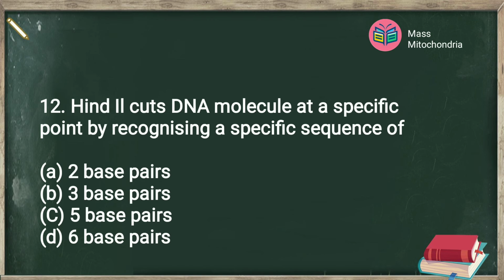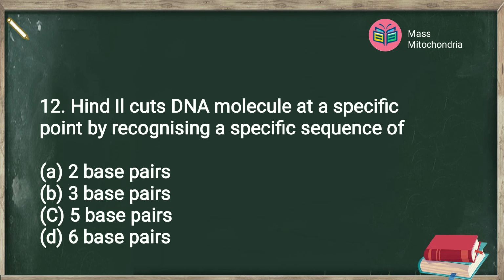HindII was the first restriction endonuclease enzyme to be discovered. It was isolated from Haemophilus influenzae Rd. It cuts DNA molecules at a particular point by recognizing a specific sequence of 6 base pairs. So the right answer is 6 base pairs.